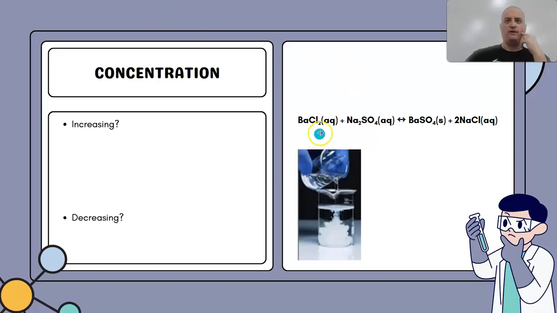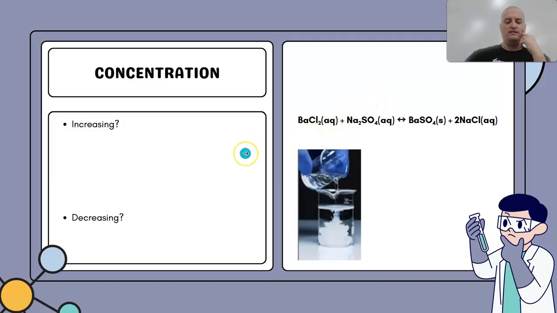So, if we increase the concentration of barium chloride here, it would shift away from barium chloride and shift to the right. If we increased the concentration of NaCl, it would shift away from it and shift towards the reactants.